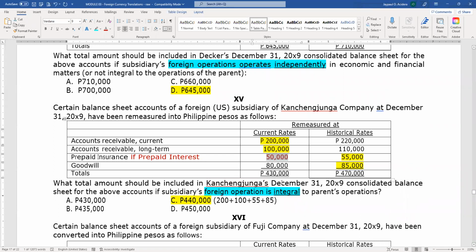Okay, so therefore, ano magiging sagot natin nun? So 200 plus 100 plus 50 plus 85. Ito na yung sagot. Okay, just in case lang, no, na prepaid interest ang sinabi. So 50. Okay?